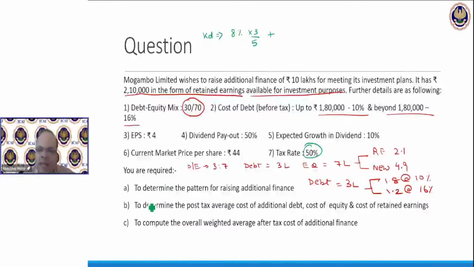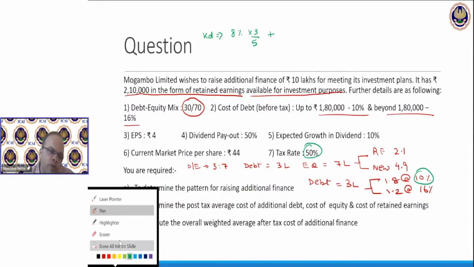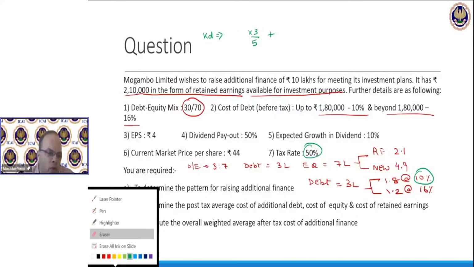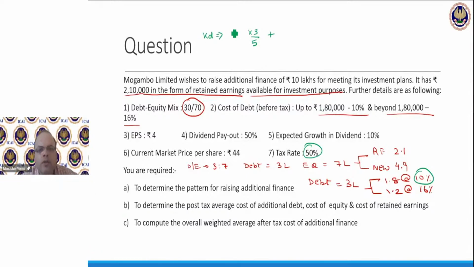So initially it is 10%, and 10% into 50% means we will use probably 5% cost of debt for the first 1,80,000. And the next 1,20,000 is 8%. That's what we'll do. I hope this is making sense to everyone.